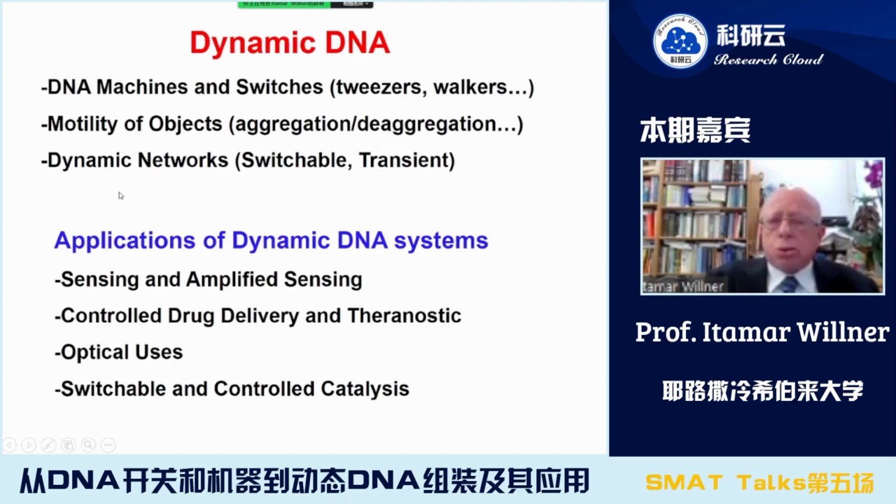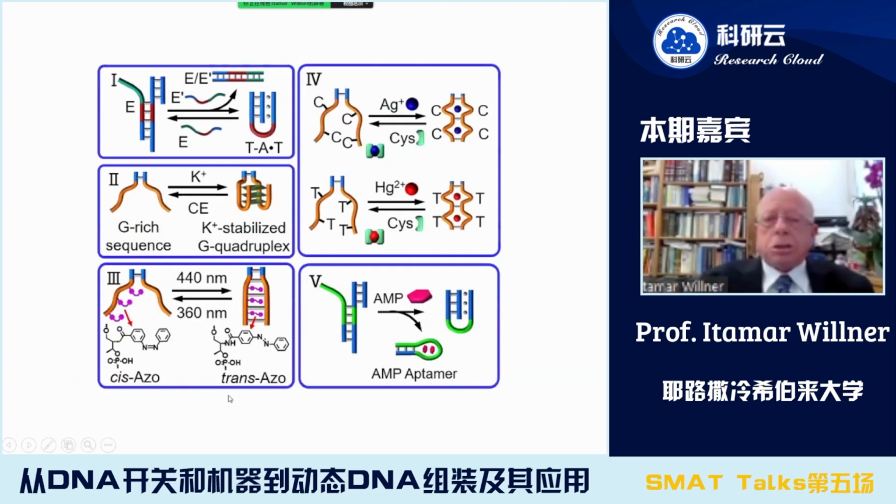What I am going to do in the next minutes is to describe some networks that are based on DNA and to discuss with you possible applications of such systems. Now, why do we want to use DNA?